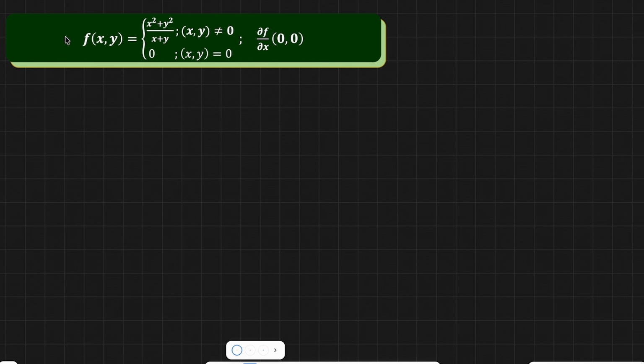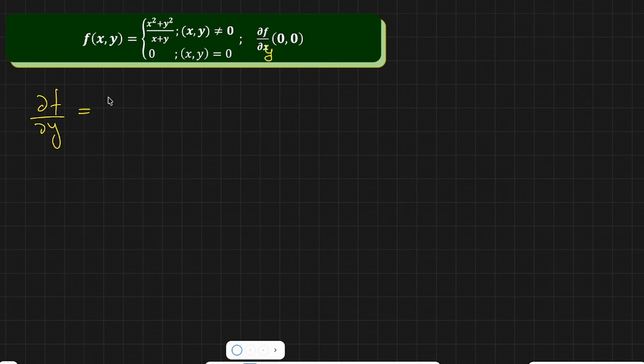Now let's say if you have this, again find out the partial derivative with respect to x at (0, 0). Then again I will use the formula. Instead of finding at x, I will find out at y, so it will be a different question for you.